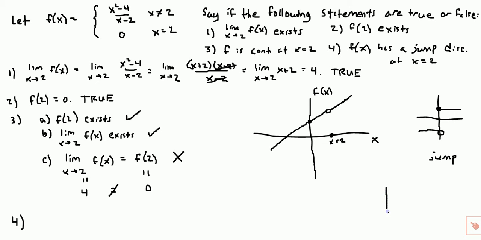So let's just draw that quickly. It would just look like this, where this hole would be filled in at x equals 2. Right, so this is a removable discontinuity. This is a jump discontinuity. And this down here would be continuous.